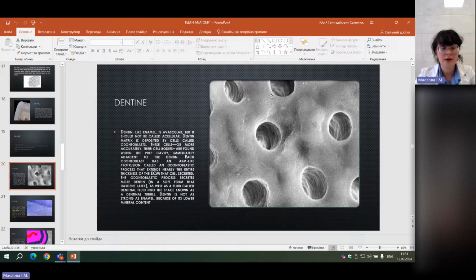The latter regulate the mineralization of dentine because they are acidic and highly attractive to calcium. Initially, calcium hydroxyapatite forms as globules within the collagen fibers of the predentine that spread through the entire matrix.